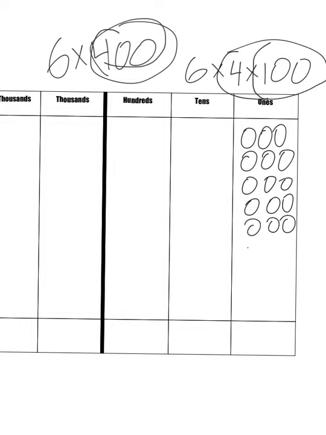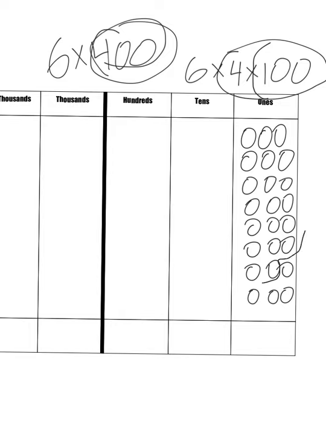So to multiply 6 times 4, I'm going to go ahead and represent 24 ones here in the ones place, because 6 times 4 is 24. Now, the thing is, I can't leave 24 in the ones place, can I? So before I do anything else, I need to take 20 of these.